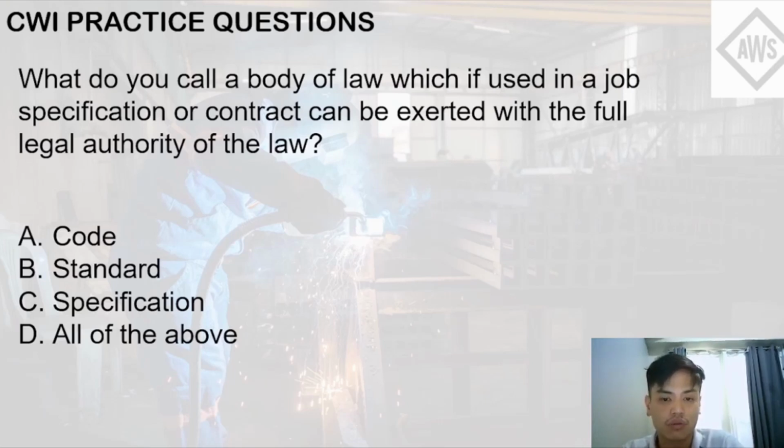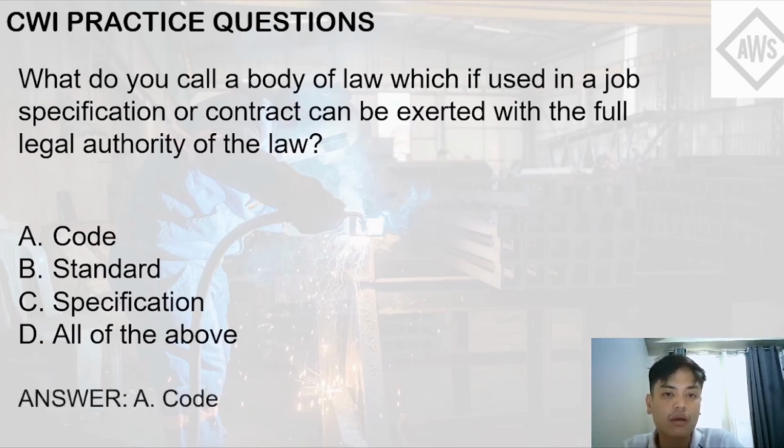Not to go on a tangent, but the welding procedure specification is the best example of a specification because it lists the needed specs for the weld. For example, the electrical current, the base metal, the filler metal, and the welding technique as well. So the answer here is A, code.